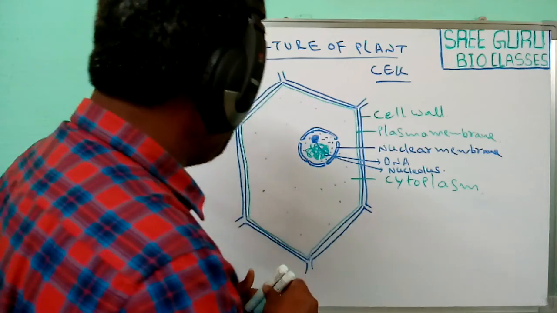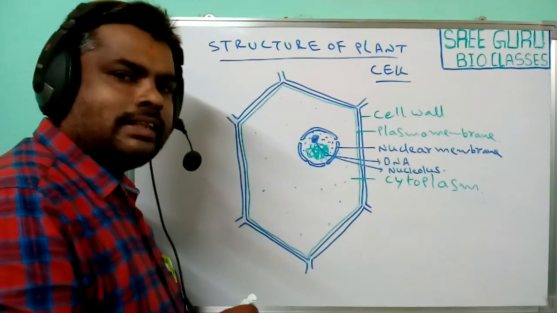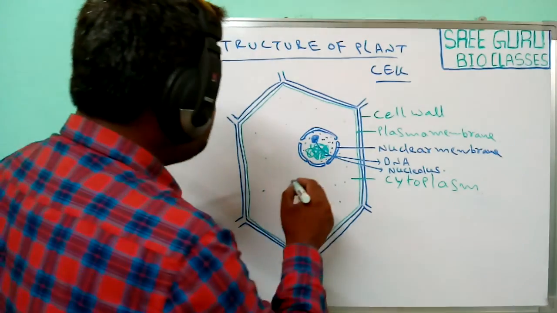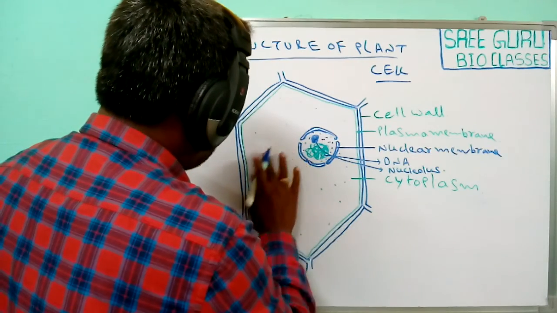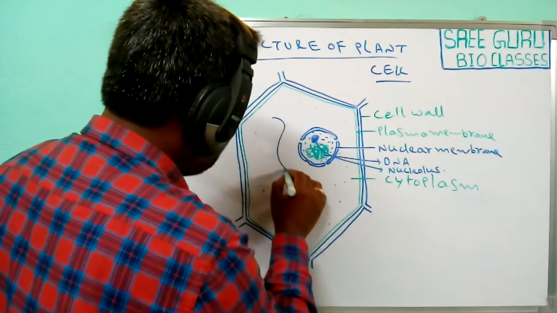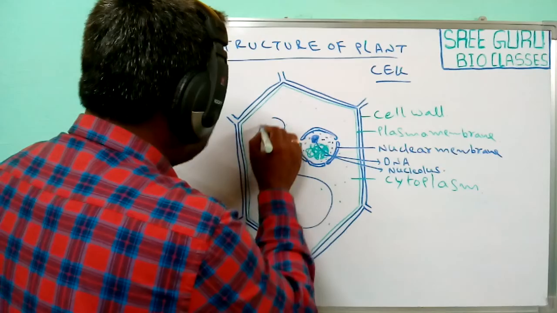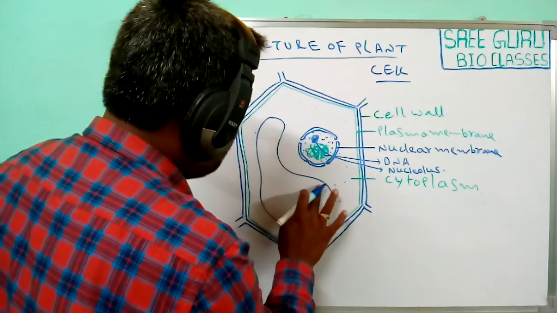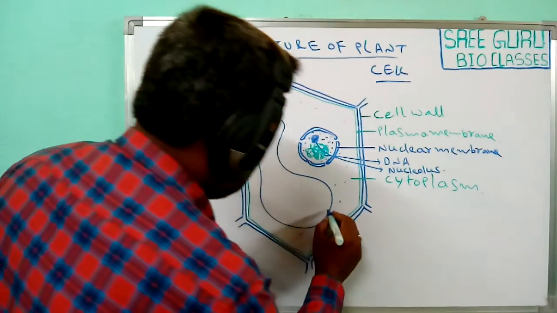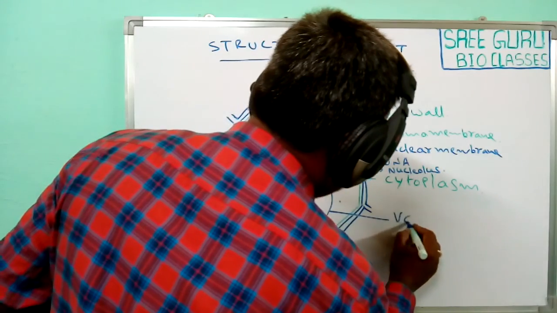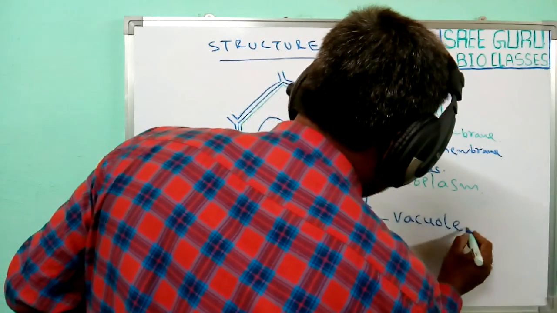Next, another important structure present in the plant cell is the big vacuole. The presence of a big vacuole is the characteristic feature of this plant cell.